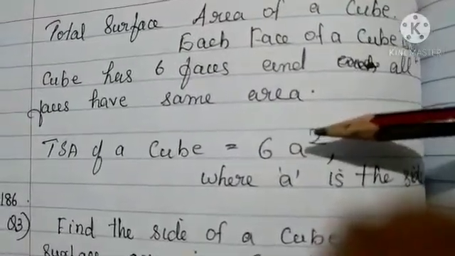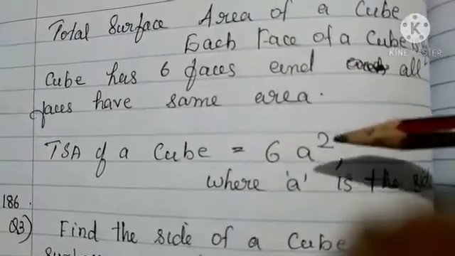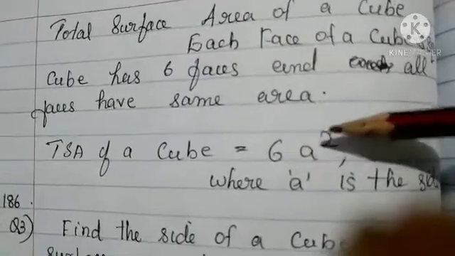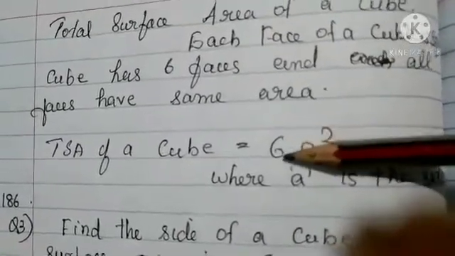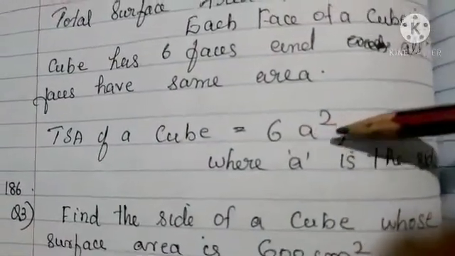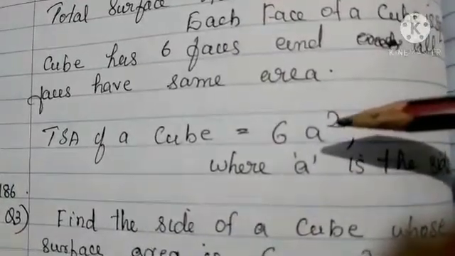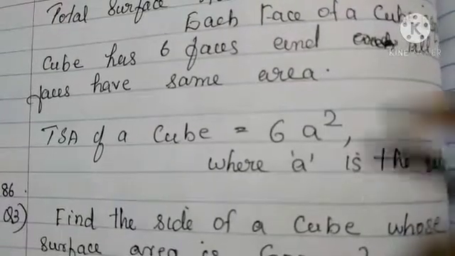The face of a cube is a square, so the area of a square is side into side, that means a square. Here 6 such faces are there, so 6 into a square. This is the formula: TSA of a cube equals 6a square, where a is the side of the cube.